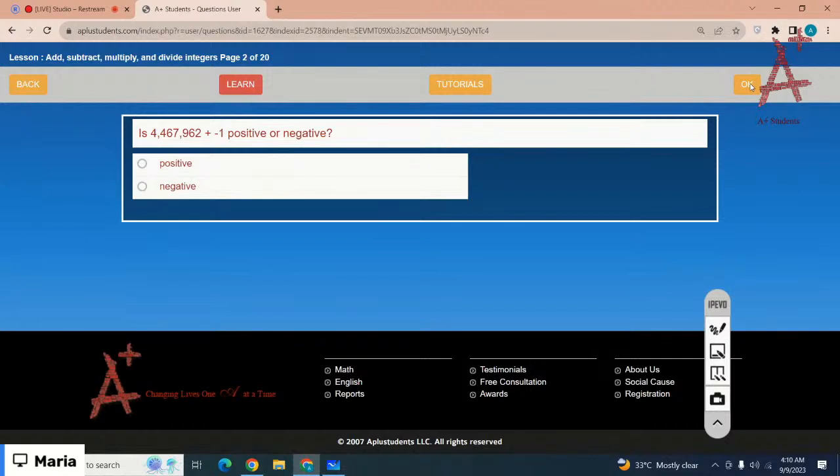When adding two integers, you have to look for the number that is greater in magnitude. If the greater number is positive, the answer must be positive. If the greater number is negative, then the answer must be negative. So 446,962 is the greater number and it is positive, so the answer must be positive.